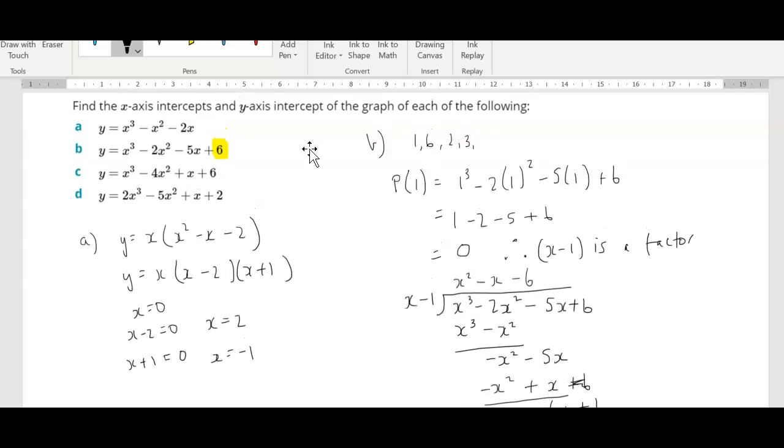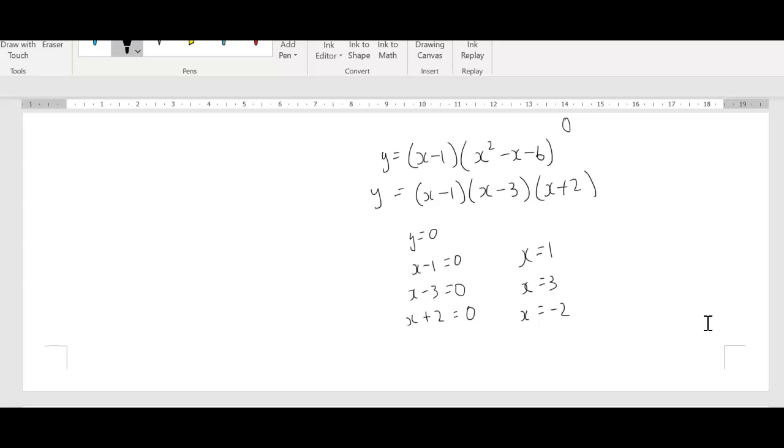Now your y-intercept is just your constant. So our x-intercepts are here, and your y-intercept is at y equals 6.